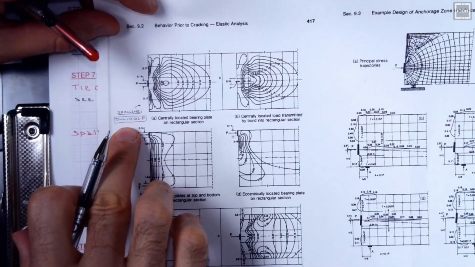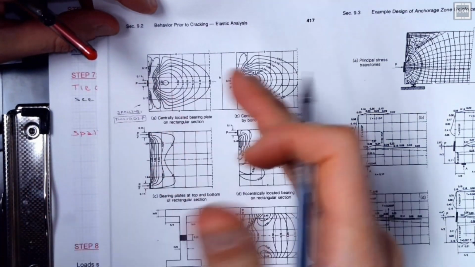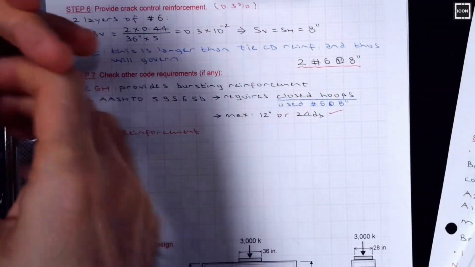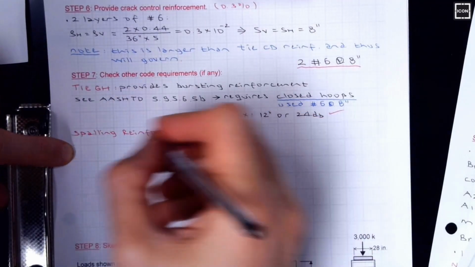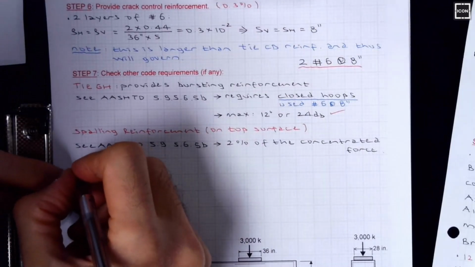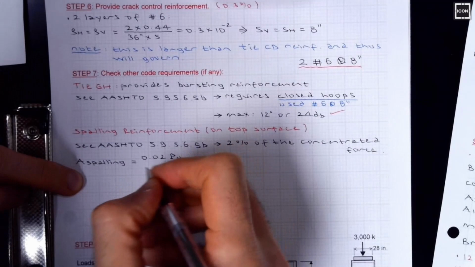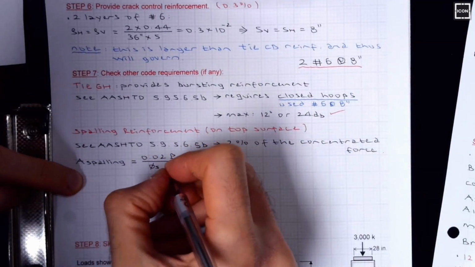So as a general rule of thumb, 2% of the force applied is used as spalling reinforcement. You can see different cases in this handout. AASHTO recognizes this and requires 2% of the concentrated force on top surface. So based on this, a spalling would be 2% of P ultimate, the factored load, divided by phi times fy.